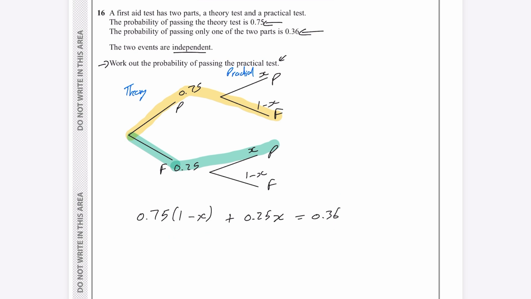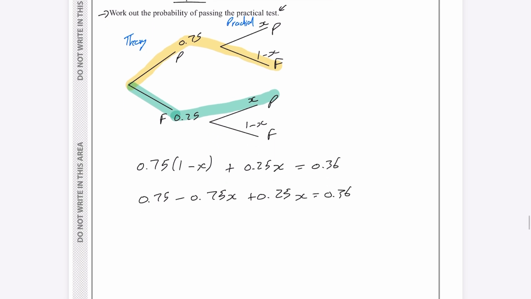Now we can solve this and find the value of X. And notice X is the probability of passing the practical, and that's what the question's asked for. So if I expand this out, that's 0.75 minus 0.75X plus 0.25X is equal to 0.36. Collecting the like terms, that becomes 0.75 minus 0.5X is equal to 0.36, and we can now subtract 0.75 from each side, and that leaves minus 0.5X is equal to minus 0.39.